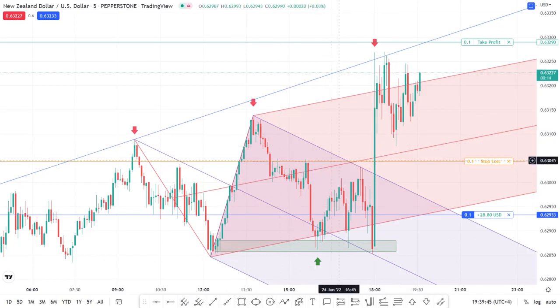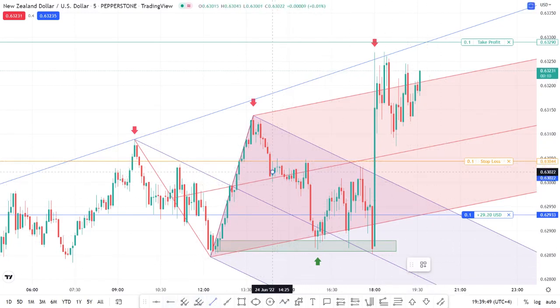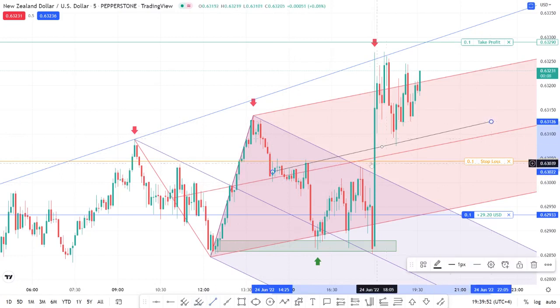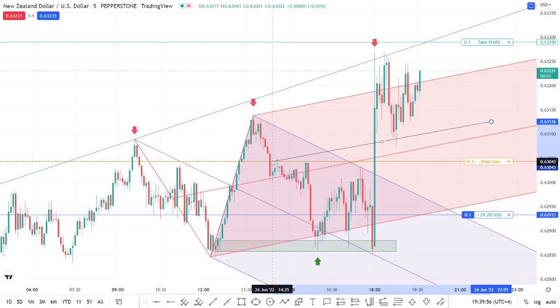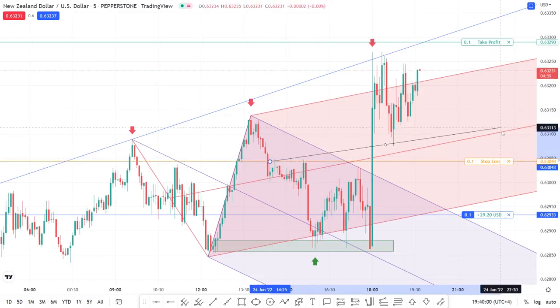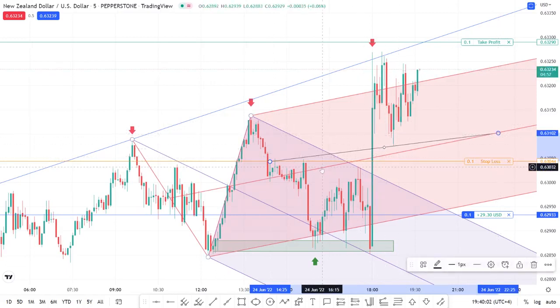Yung previous resistance ko na naging support, making it a dynamic support and resistance, dito, makikita nyo naman. Yung previous support sa level na to is now being treated as resistance. Support now becomes resistance.